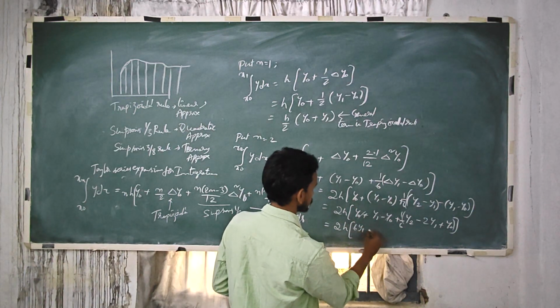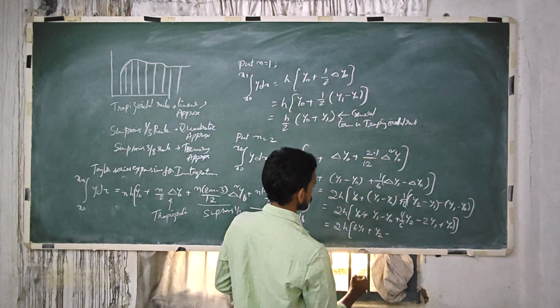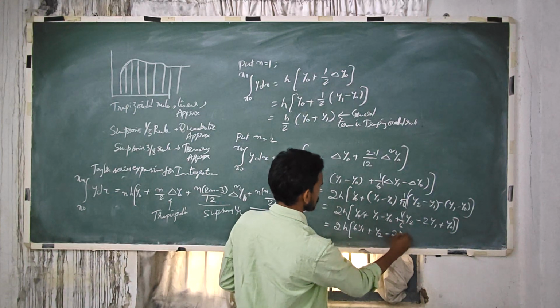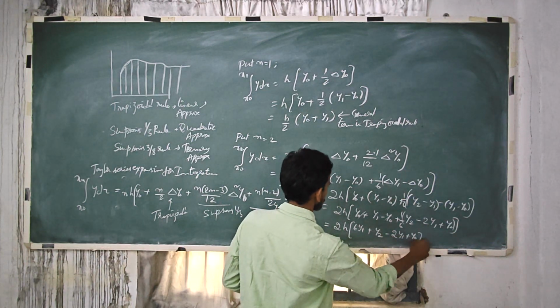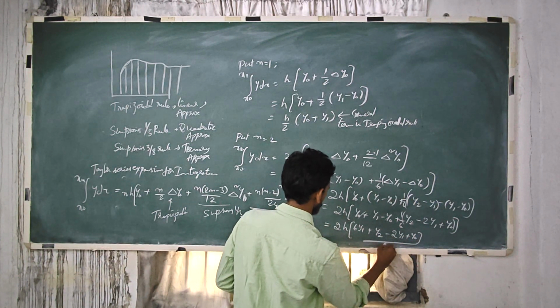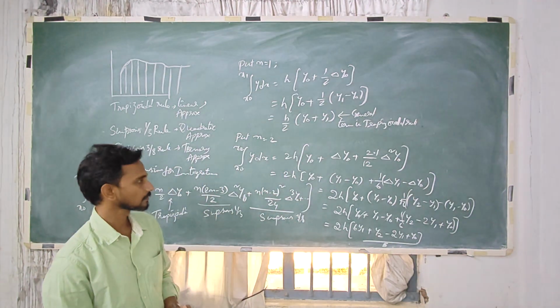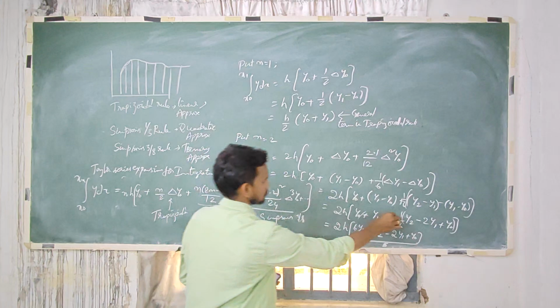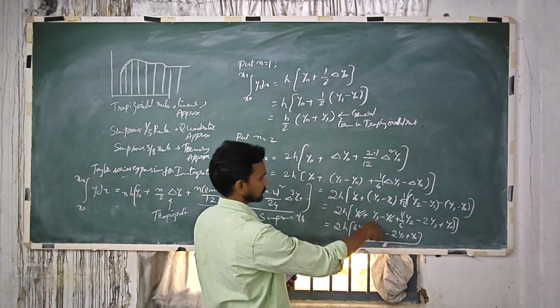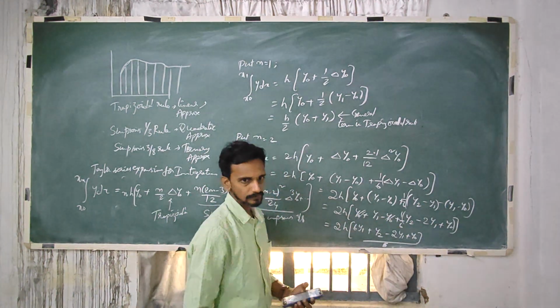So we have 6y1 plus y2 minus 2y1 plus y0, all by 6. This gets cancelled and you will be left with 6y1.